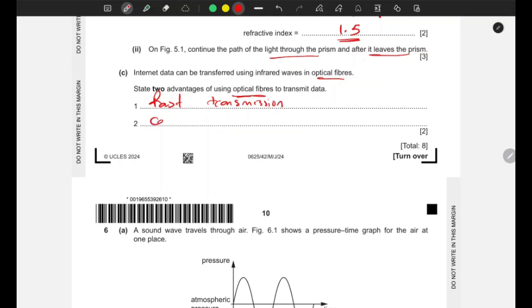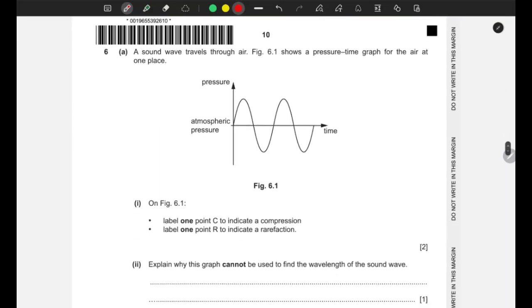And you can also carry large amounts of data. Plus, it's also secure. So any of these two points would be fine.